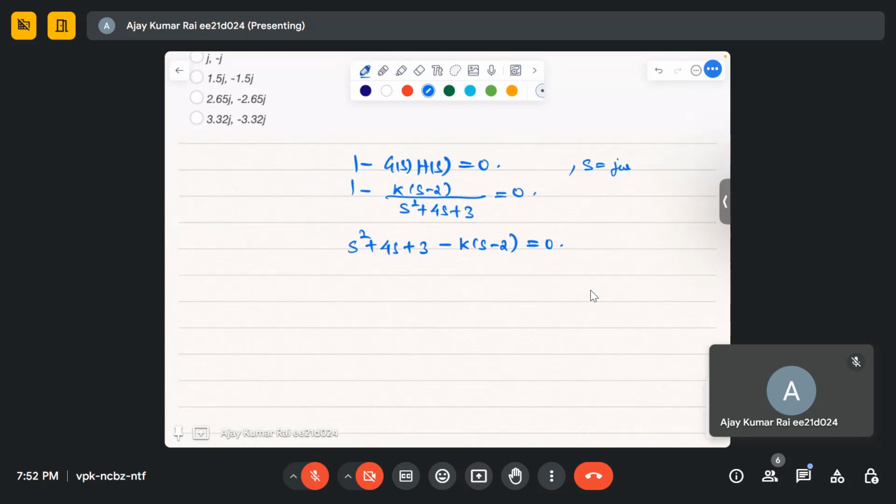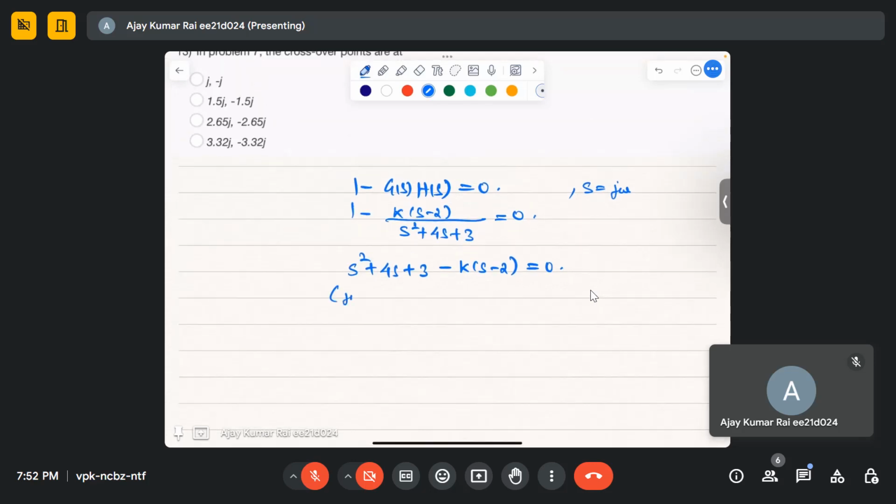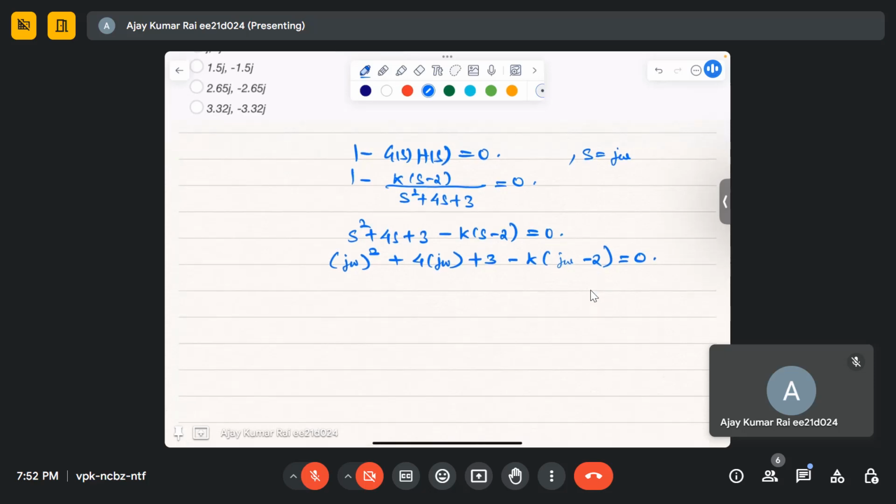Let's take the numerator, and by putting j omega, plus 3, okay, this is there. Let's separate out the real and the imaginary parts here. So this is minus omega squared plus j4 omega plus 3 minus jK omega plus 2K.